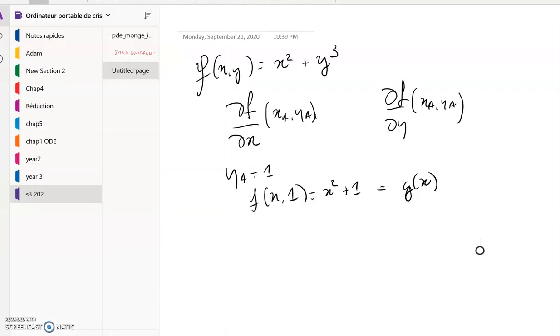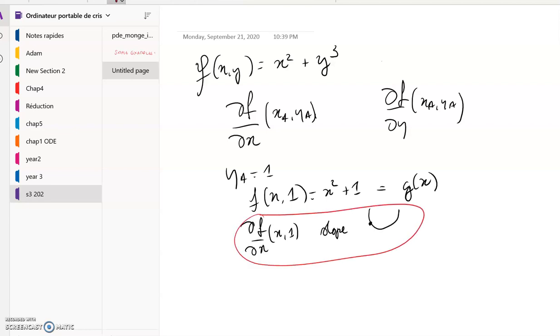If you compute df over dx at the point A, with a fixed value of y, you get the slope of the tangent.